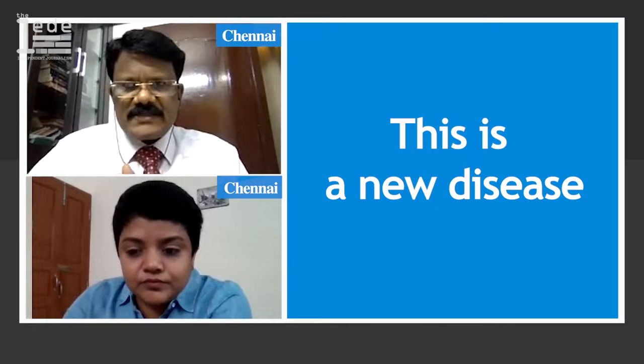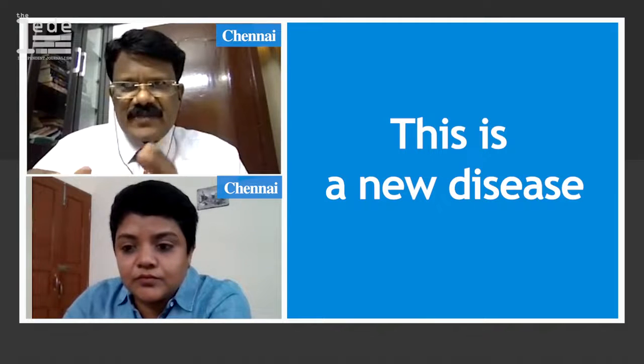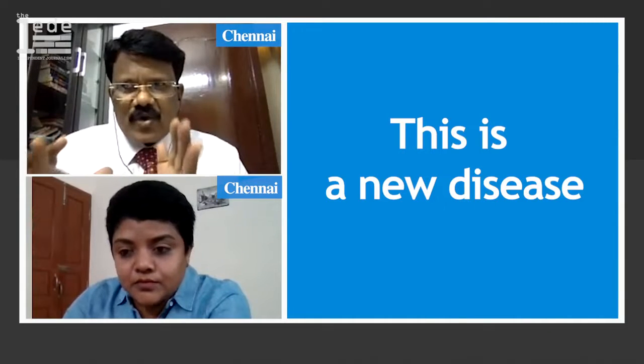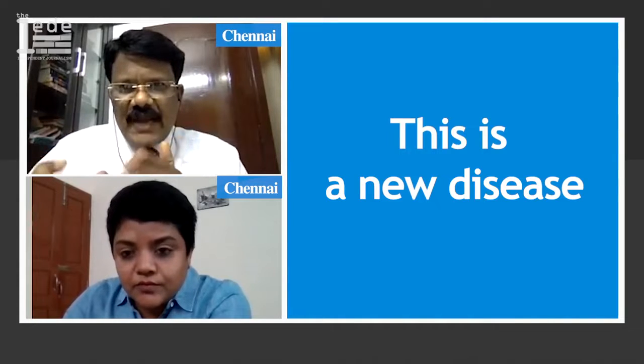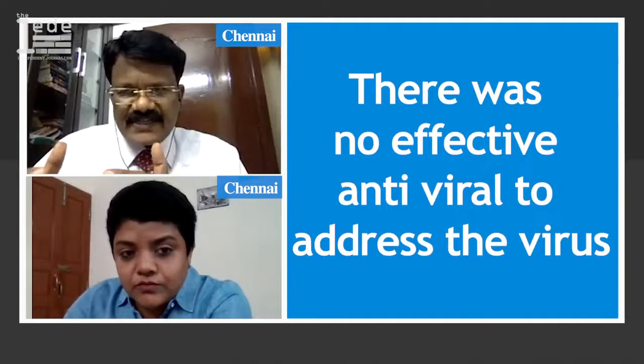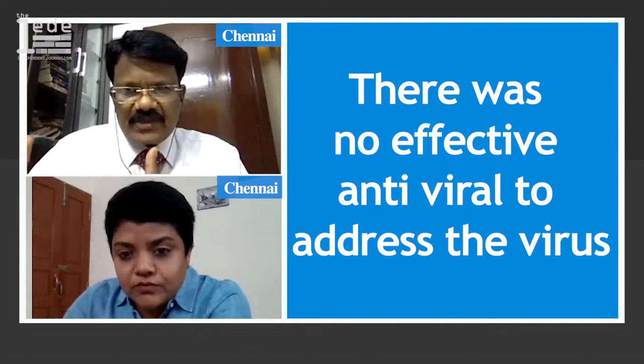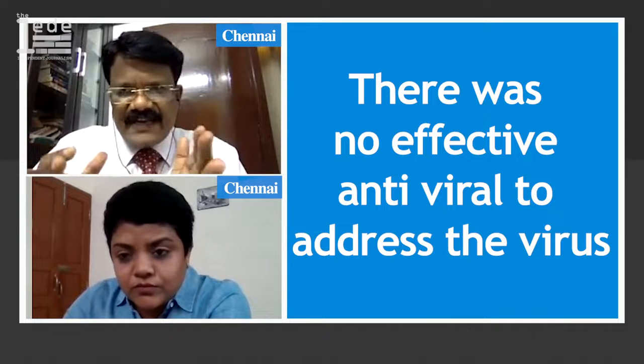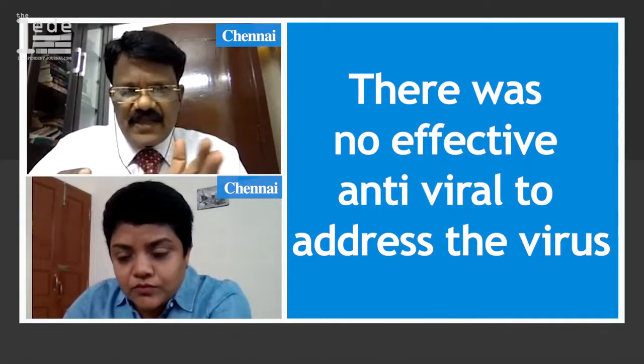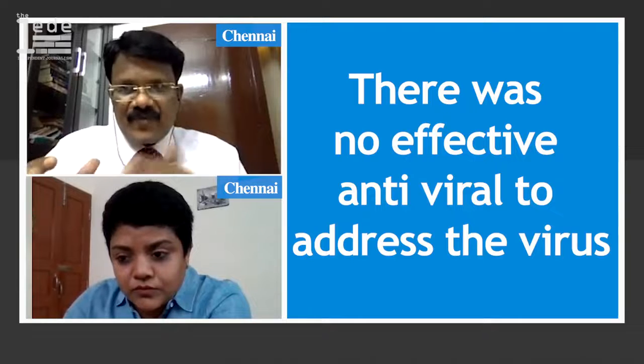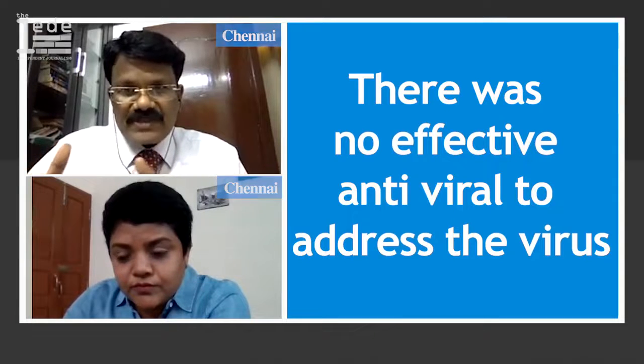How we started, because we didn't have any protocol before. It's a new disease, and we had to read about the disease. What is the virus? How is the presentation, and what is the pathophysiology? When we read the pathophysiology of the virus and its action, we found that primarily pulmonary vascular thrombosis is what causes the inflammation.